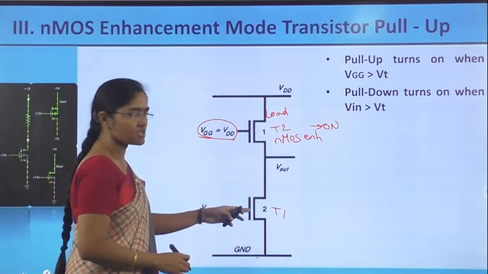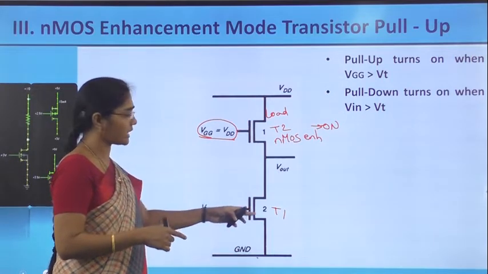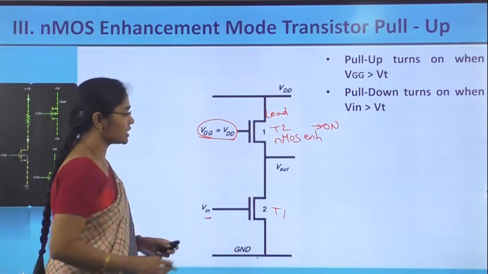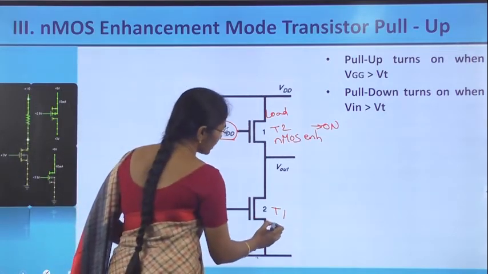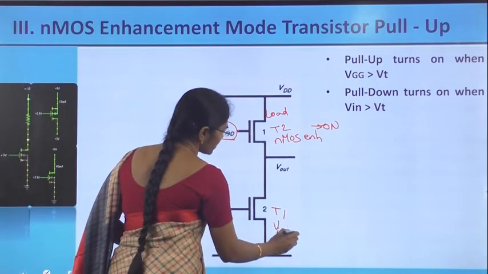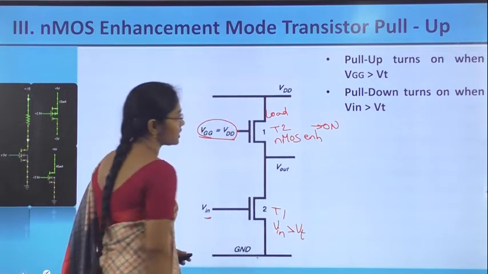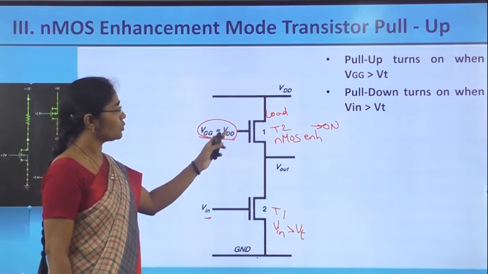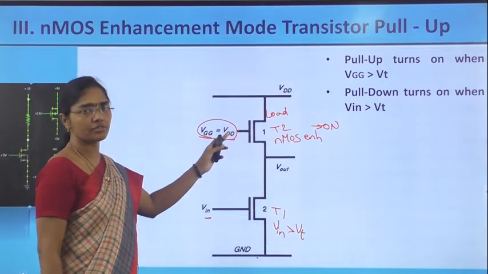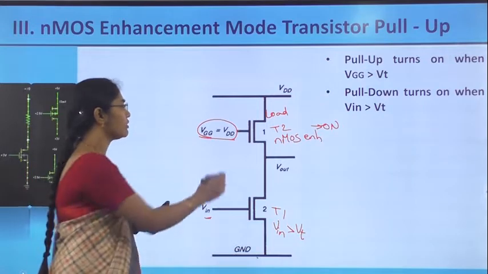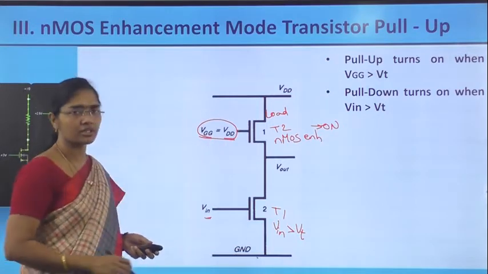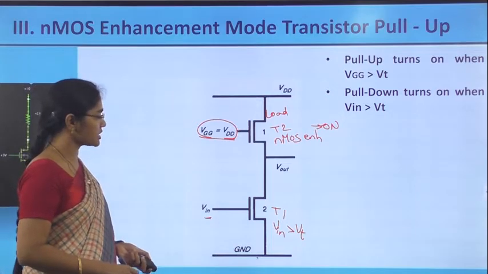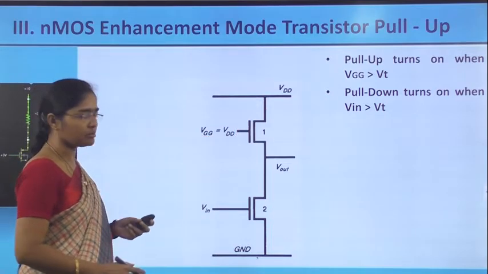And this is the switch acting on or off depending upon the Vin value. So T1 is switched on when the input value is greater than the threshold value. And here T2 is switched on when its gate voltage is greater than Vt, so we have taken the VDD value. Now let's check its operation for both logic 0 and logic 1 of the input.